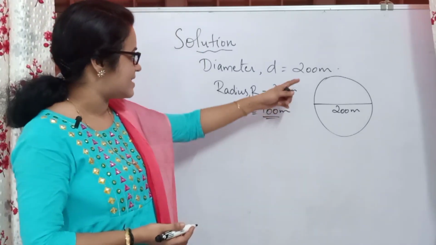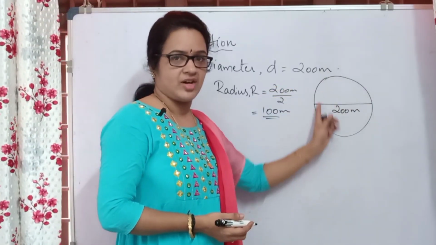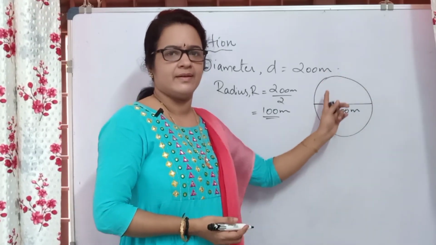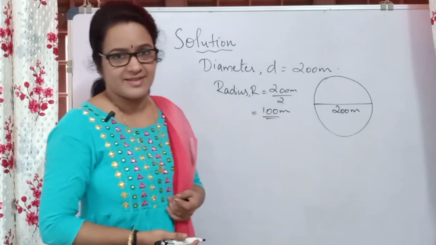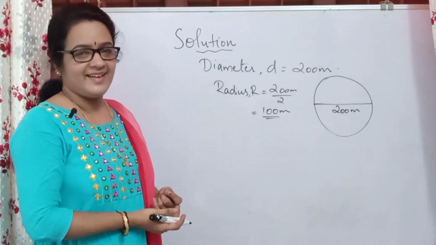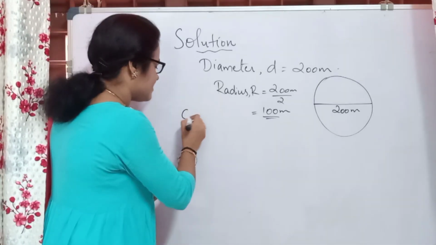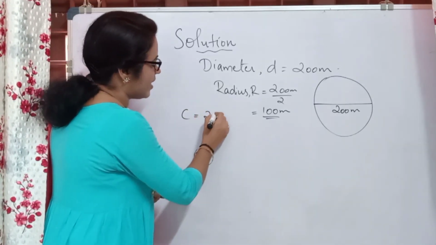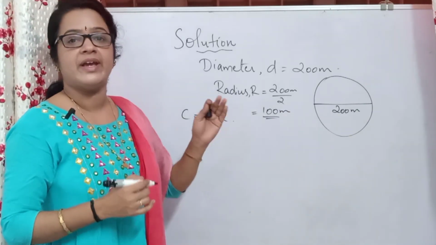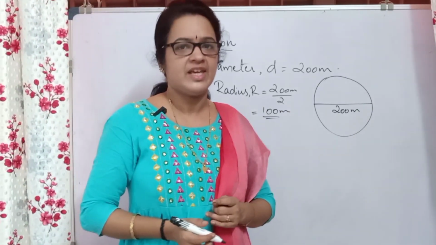For finding the distance traveled, he is traveling in a circular path. So what will be the total path length here? We have to find the circumference, right? What is the equation for finding the circumference of a circle? Yes, that is C is equal to 2 pi R, where R is the radius. So 2 pi R is the circumference of the circle.